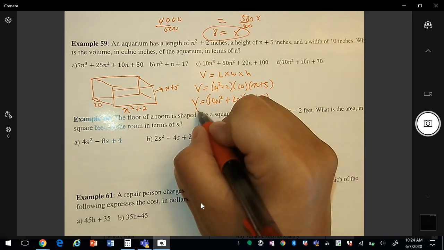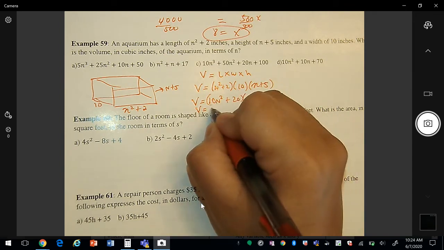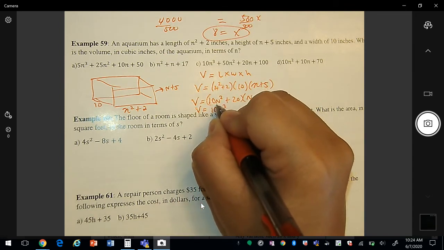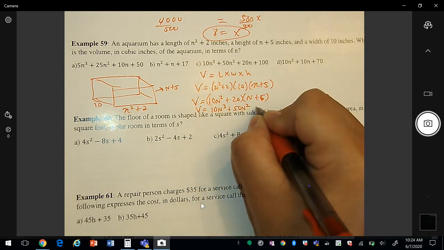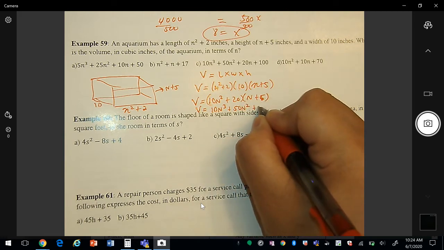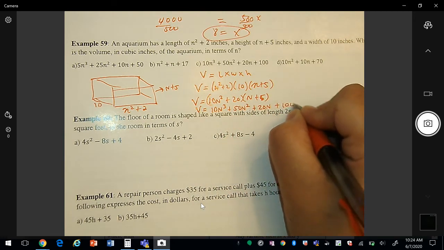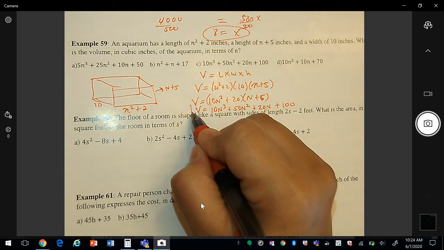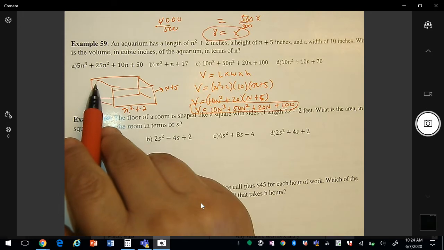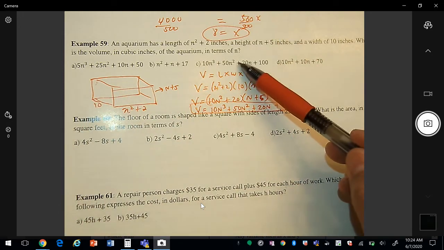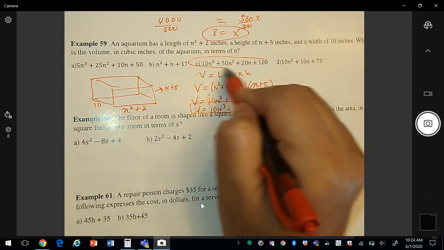Now we multiply this one. 10n squared times n is 10n cubed. 10n squared times 5 is 50n squared. 20 times n is 20n. 20 times 5 is 100. And so my volume is going to be 10n cubed plus 50n squared plus 20n plus 100. Letter C.